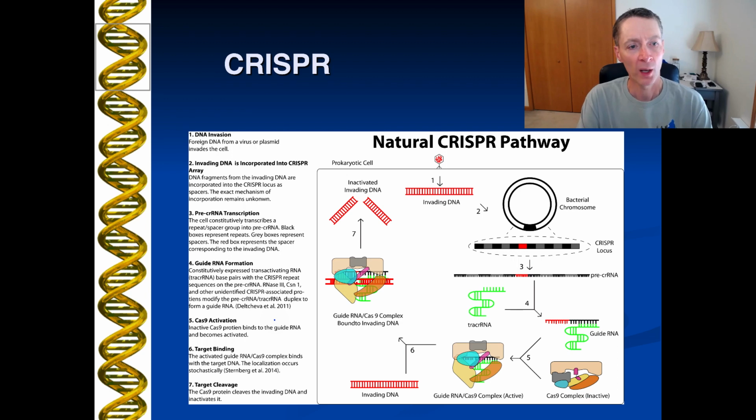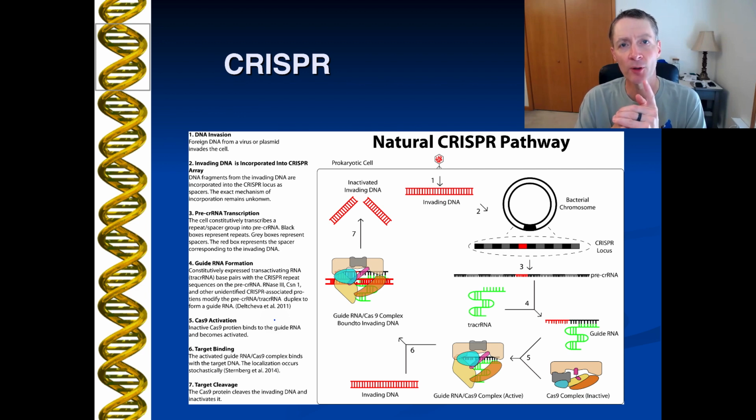Okay, what I'd like you to know about CRISPR, the CRISPR pathway, is that this is a technique whereby bacteria can precisely cut invading DNA. Now this sounds like nucleases, right? Like a nuclease, it will precisely cut introduced DNA, like from a virus.